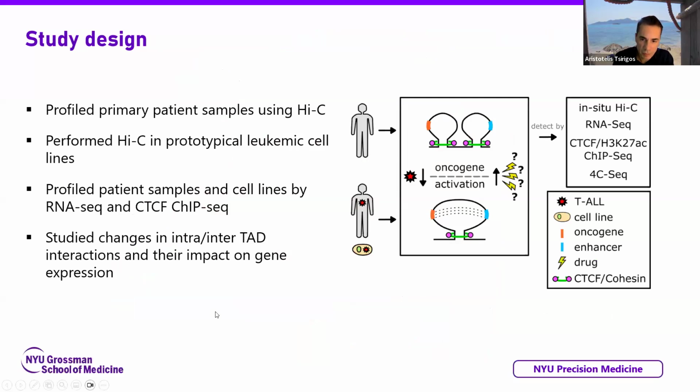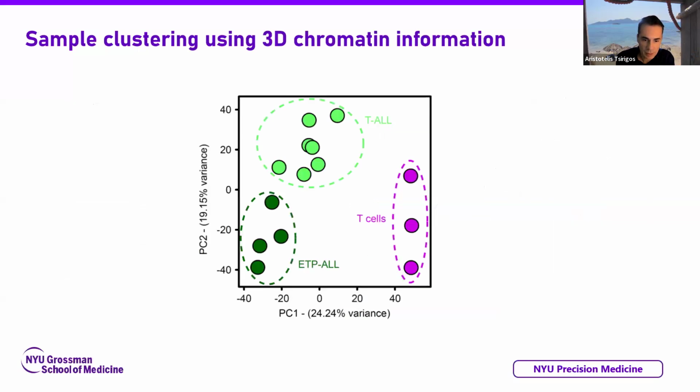Again, to remind you, CTCF is important because it sits at the boundaries of these topological domains, providing insulation from neighboring domains. What we studied was changes in leukemia, both inside these topological domains and the particular interactions between promoters and enhancers, but also across neighboring TADs. And I will explain why shortly.